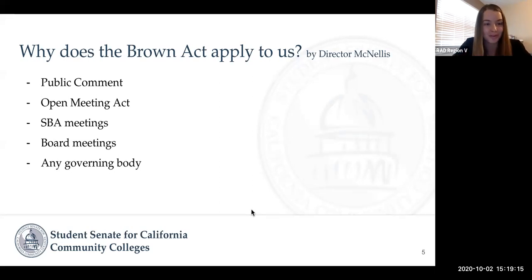We'll get into the difference between regular, special, and emergency meetings later on. But for regular meetings, you must publicly notice it 72 hours prior. You must post agendas, also 72 hours prior. Accept public comment, have it be an agenda item, and allow them to comment on each agenda item. And then lastly, conduct your meetings in public. Again, all Zoom information must be public.